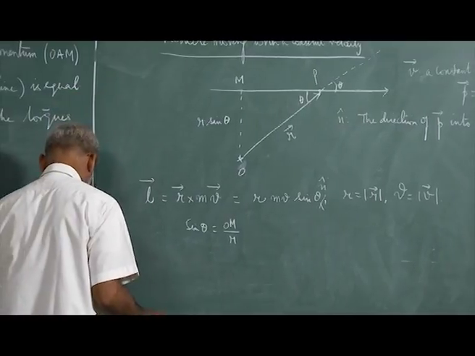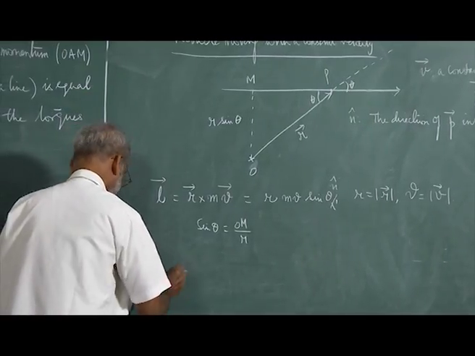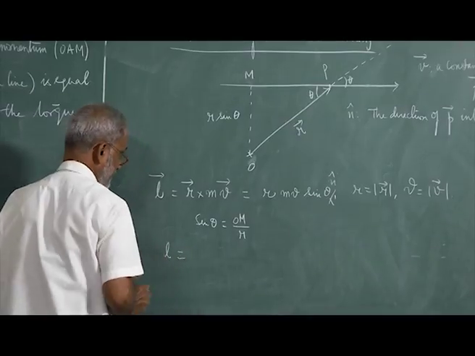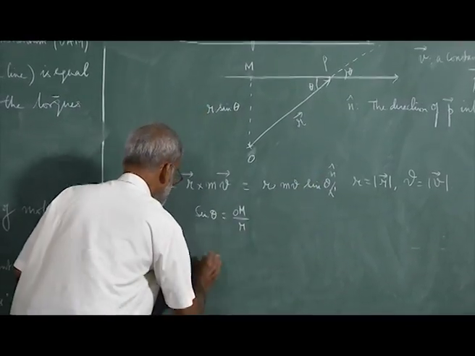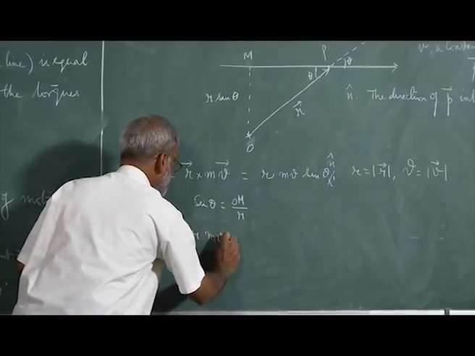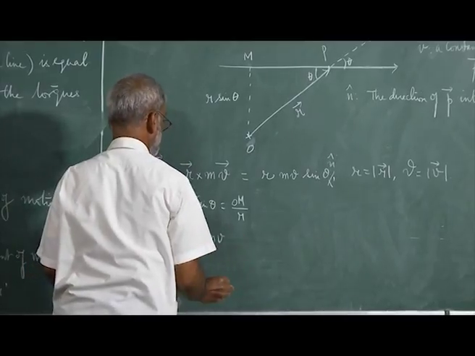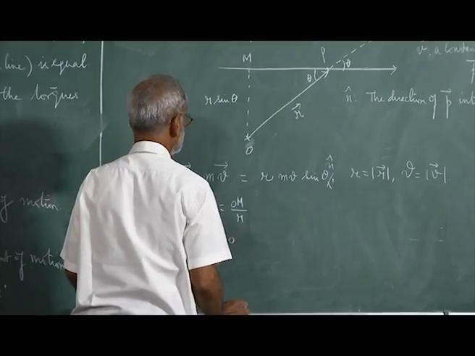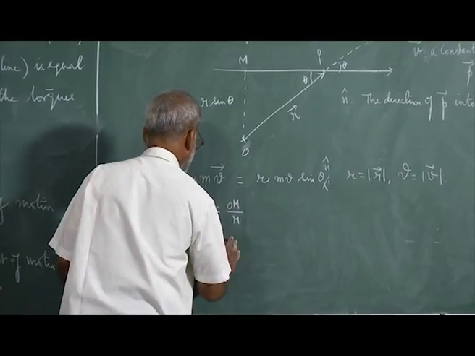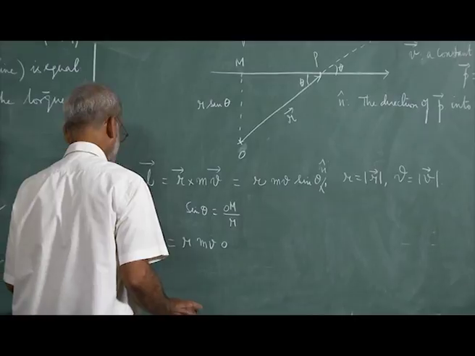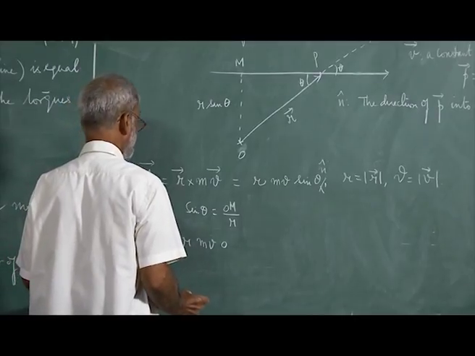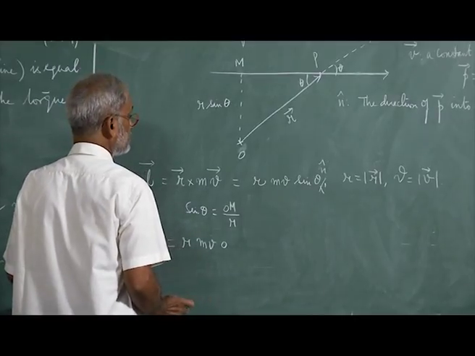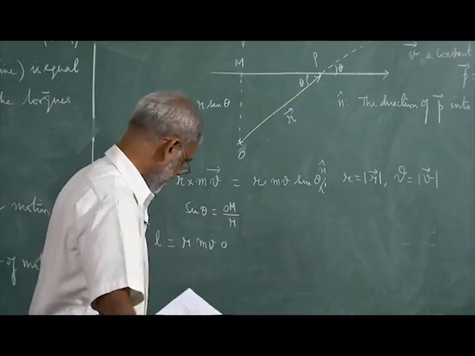So, now I will write the magnitude alone, so that I need not worry about this: r into mv into Om by r. Om is r sin theta.